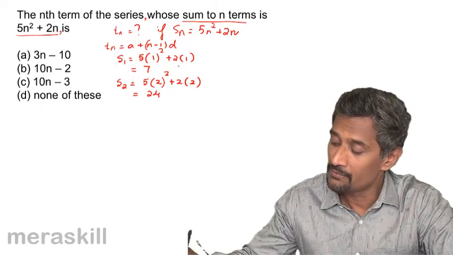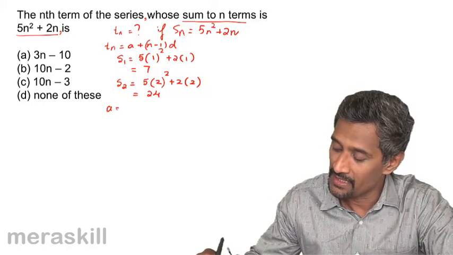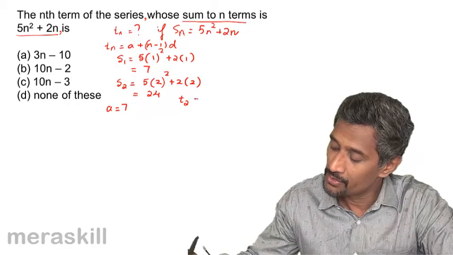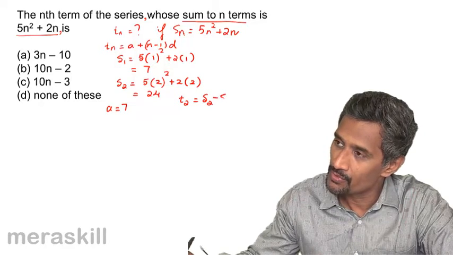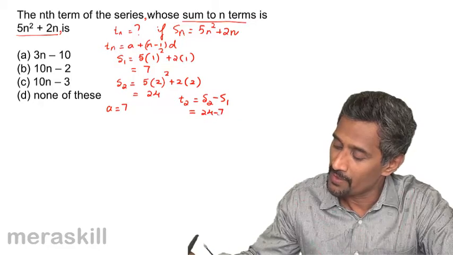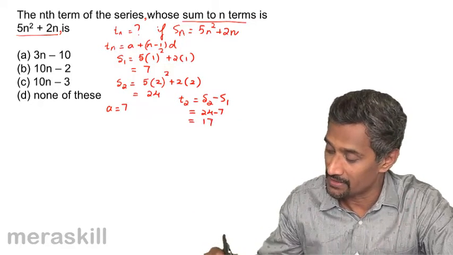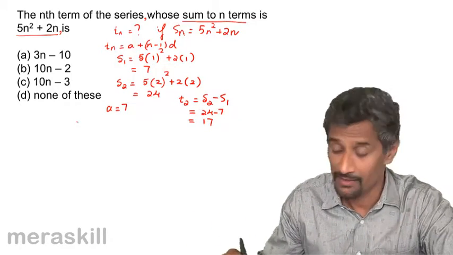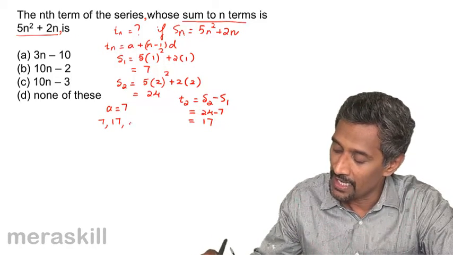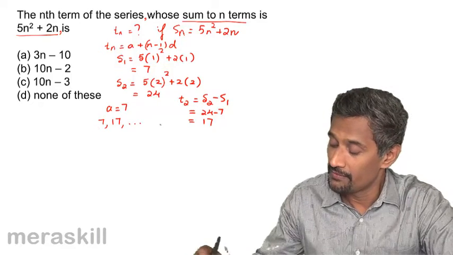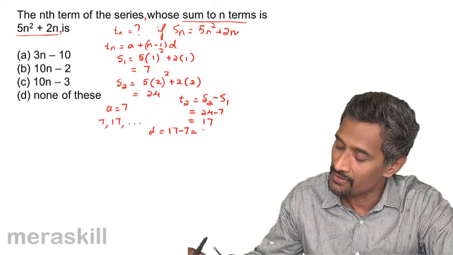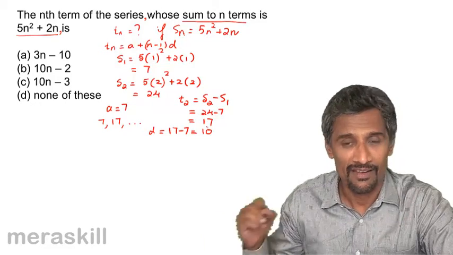So the first term is 7, which means that A is 7, and T2 is S2 minus S1, which is 24 minus 7, 17. So T2 is 17. So that means it's going to be 7, 17 and so on and so forth, which means that D is 17 minus 7, that is 10.